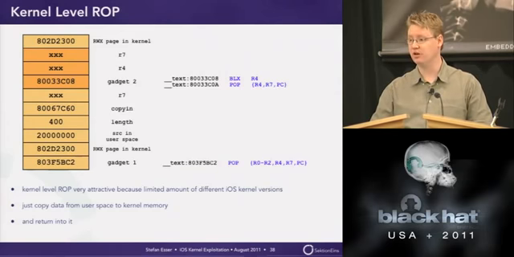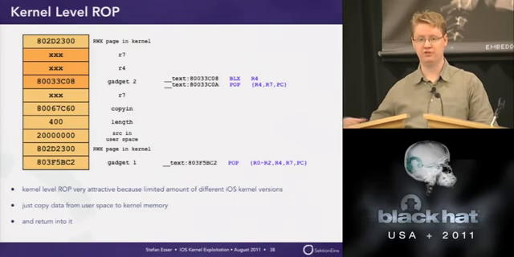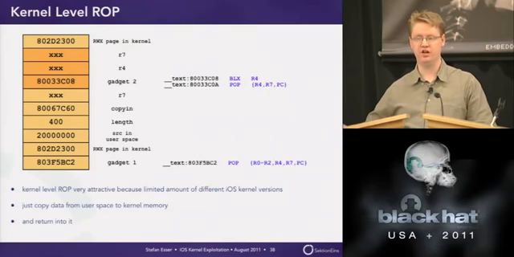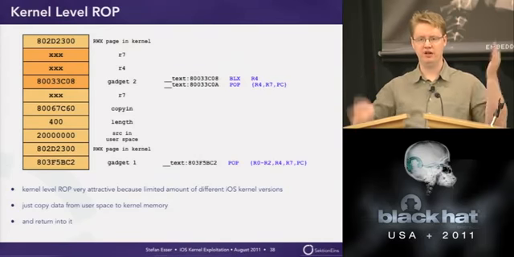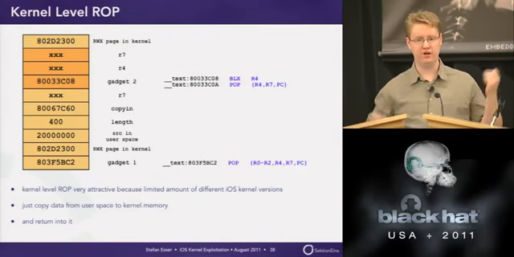Yeah, and it's very attractive to have return-oriented programming in the kernel because there are not so many different iOS kernels around. When you use gadgets only in the core part of the kernel, they're even the same for multiple kernels. If you use something in the space of the drivers, they're not the same, because the drivers are shuffled for different devices.